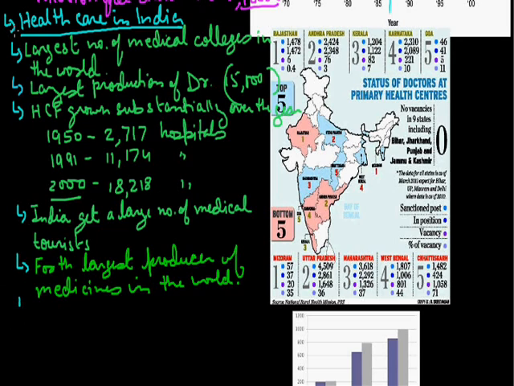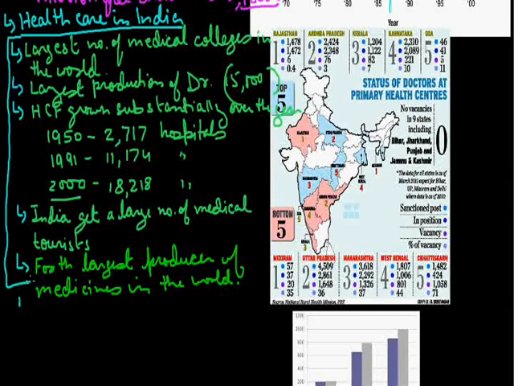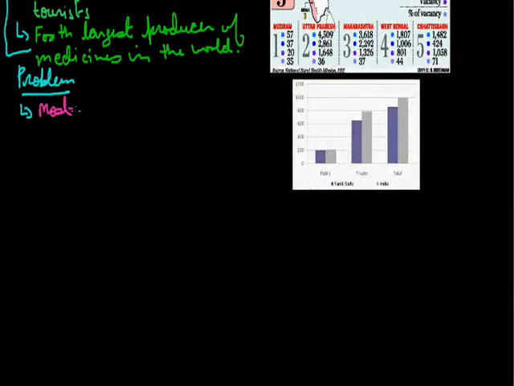So this is how we see the present situation of healthcare in India. India is one of the major countries providing healthcare services, but there are still some problems in healthcare services in India which we are facing.